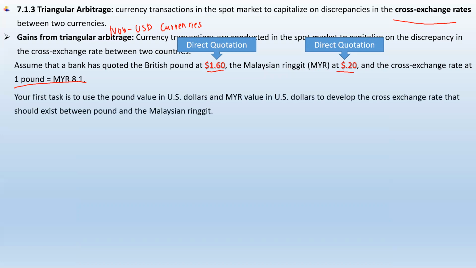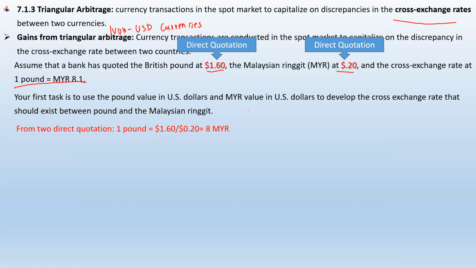Our first test is to determine is there any currency undervalued or overvalued in the market. So from the two direct quotation, we can find the cross exchange rate.